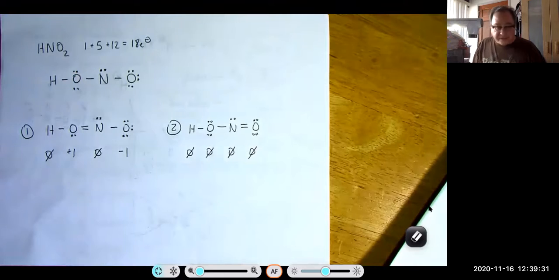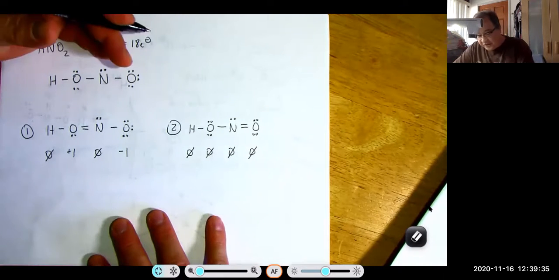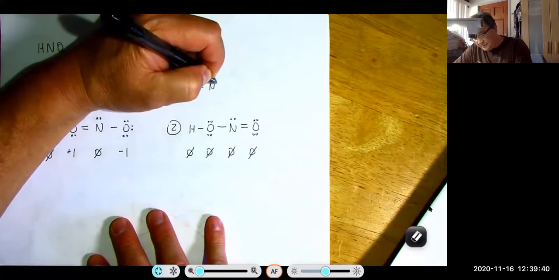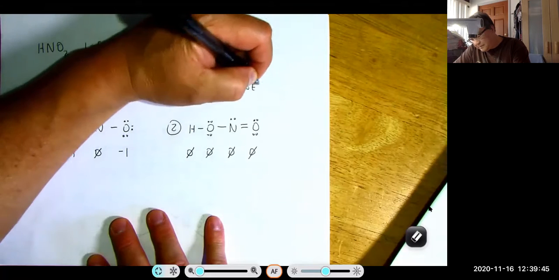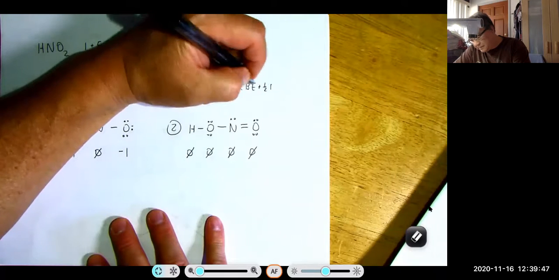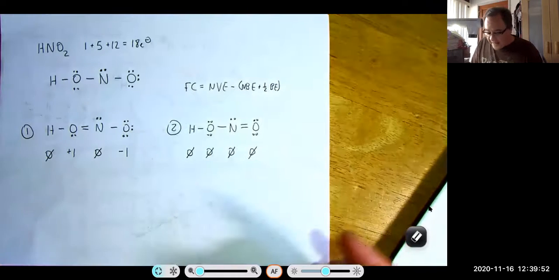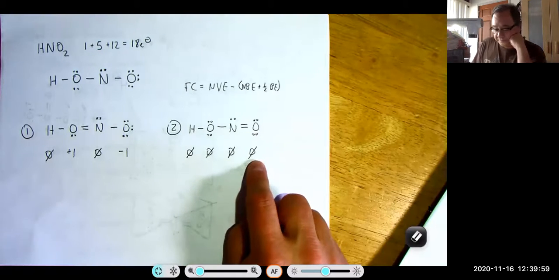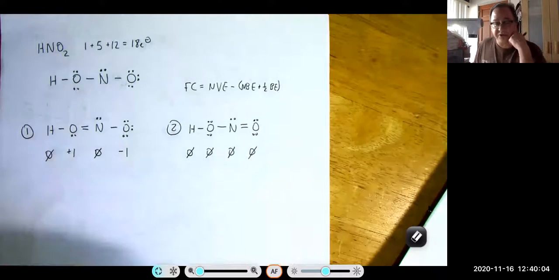And the reason I'm good at assigning these formal charges is because I'm actually not using this formula. I'm using the fact that that oxygen has 2 bonds, which it usually makes, and that means its formal charge is probably 0. This nitrogen has 3 bonds, which is what it normally makes, so the formal charge is 0.